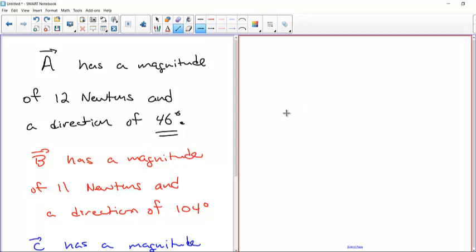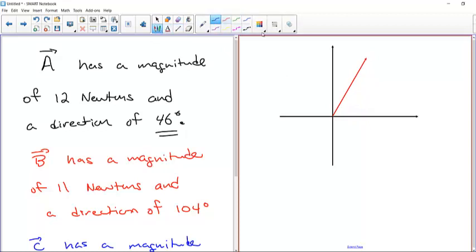So let's put up another coordinate axis like this, and we'll pick something in the first quadrant, like here. Okay, so that's a vector, and we'll call that vector A. And let's give it a magnitude. Okay, so here's another thing. The magnitude you show by these two vertical lines on either side.